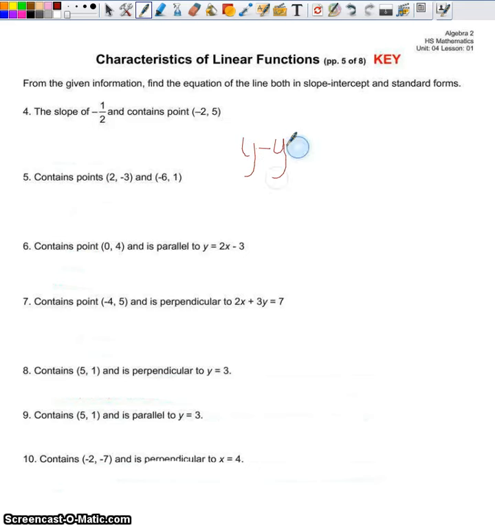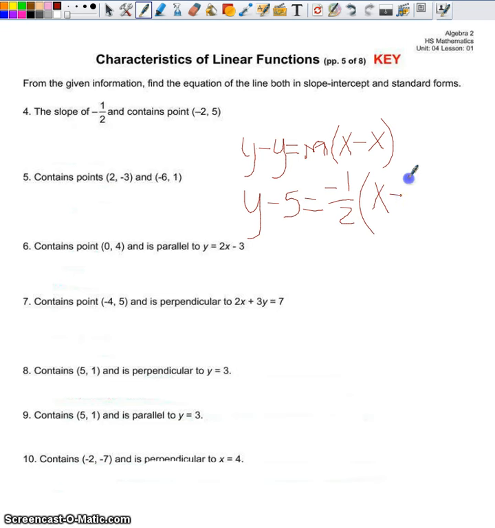y minus y1 equals m times x minus x1. So I'm going to use y minus 5 equals m, my slope is negative 1/2, and then x minus a negative 2. Sorry, I'm having pen trouble here. Let me try to make it work. Okay, so that gives me y minus 5 equals, when I distribute that, negative 1/2 x.